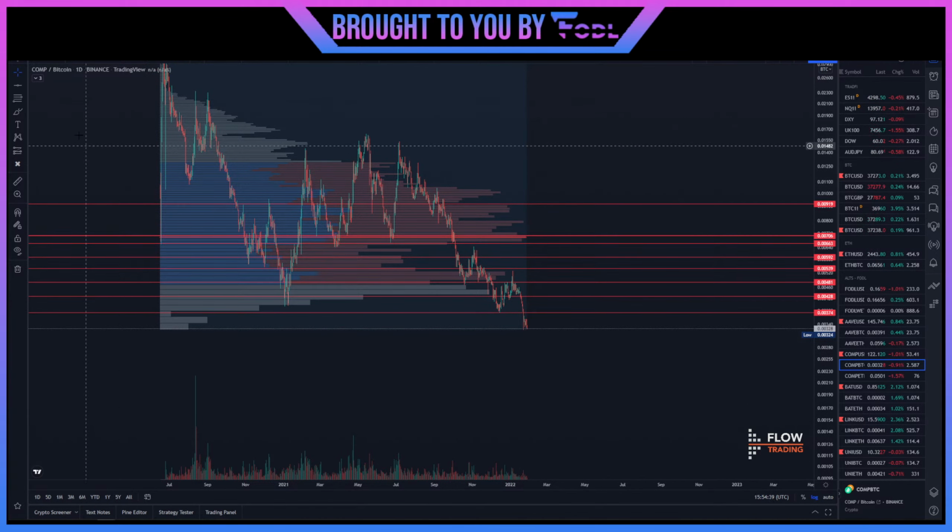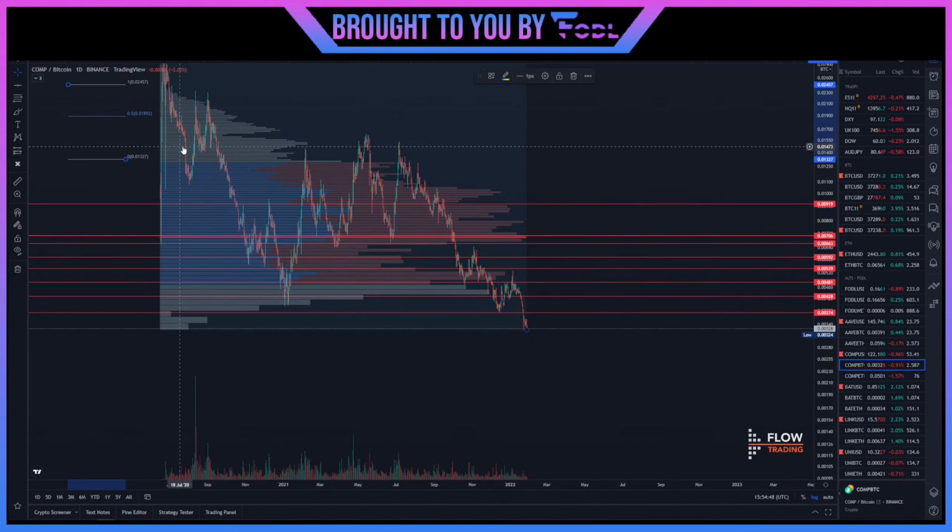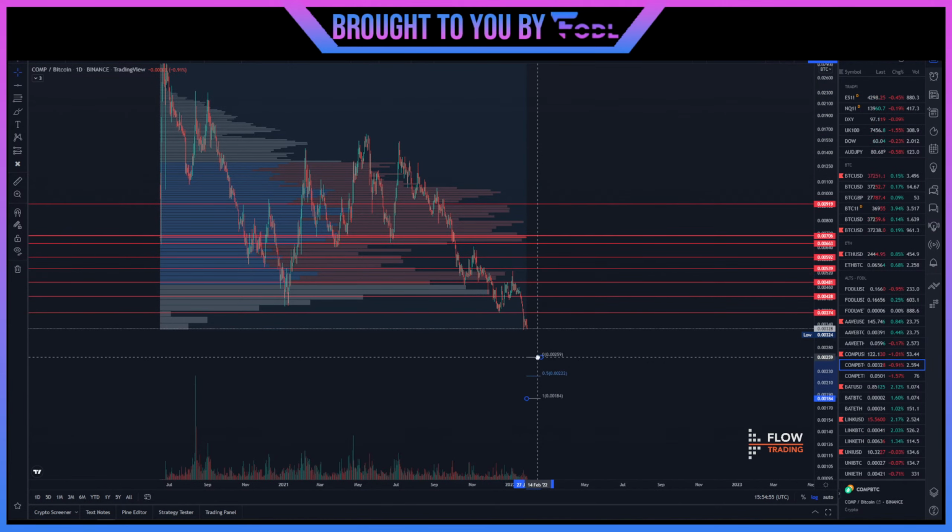If you know a little bit about Fibonacci, you can use things like the trend-based fib extension, from swing low to swing high. Oh yeah, hang on, I just made a mistake there. No, swing high to swing low. You can see how often I use these. I don't use these very often at all.